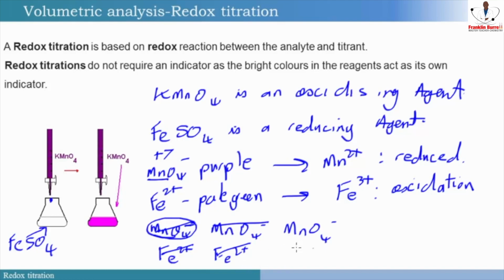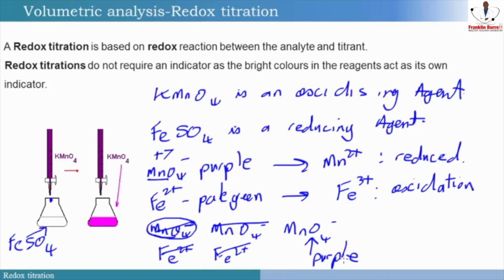Now, the moment that all of the Fe2 plus is completely oxidized, then there is no more Fe2 plus to reduce MnO4 minus from purple to colorless, and so the solution will now change and keep its strong purple color because MnO4 minus is responsible for that strong purple color. That explains how redox reactions occur.